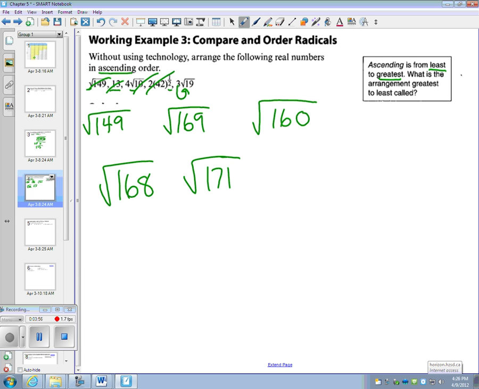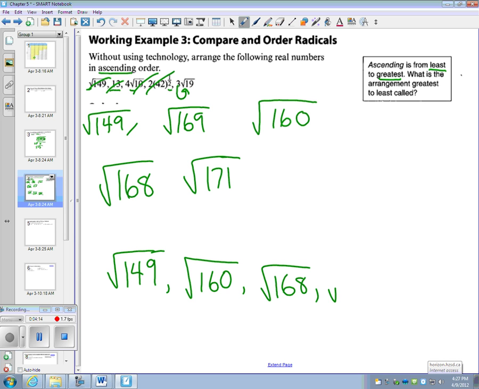Okay, it's easy to see from here what is the smallest number. Well, the square root of 149 is going to be the smallest number. Next is going to come the square root of 160. Then we have the square root of 168, the square root of 169, and finally the square root of 171.